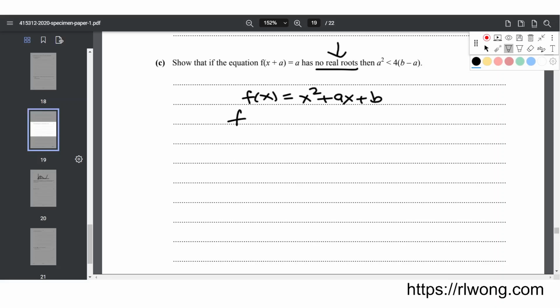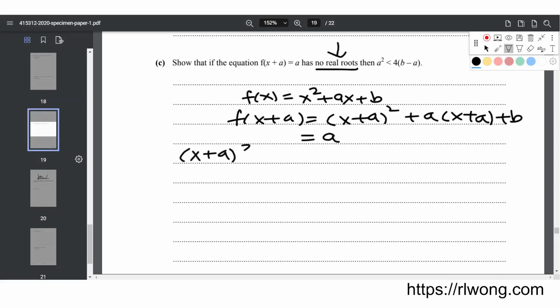So if I have f(x + a), I will replace all the x with x + a. And I know that this is equal to a. So I'm going to write it this way. Next, I'm going to expand and simplify.